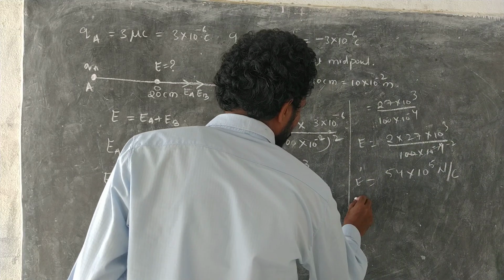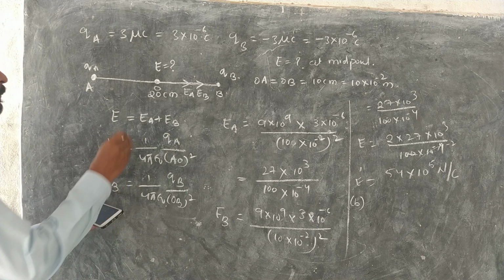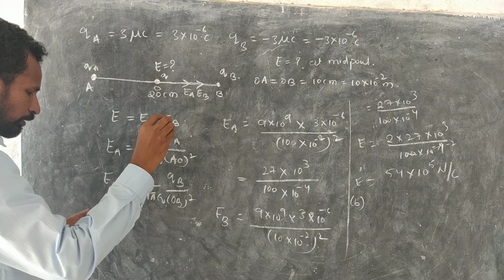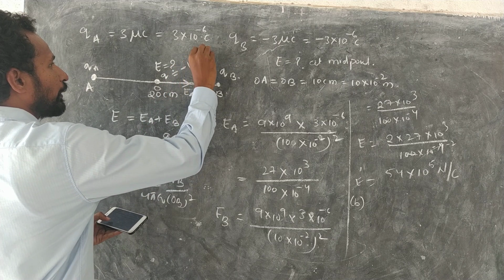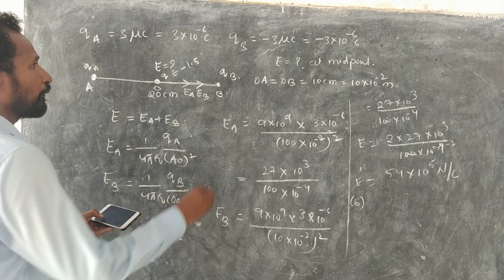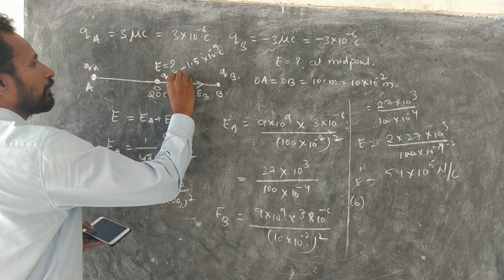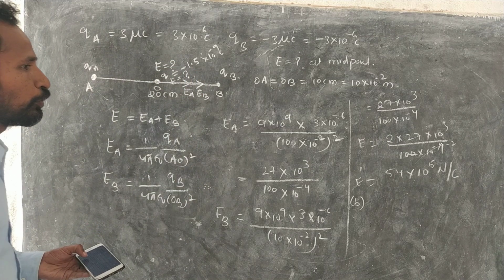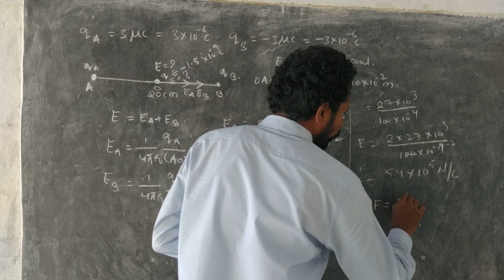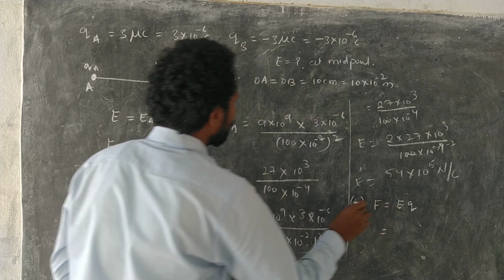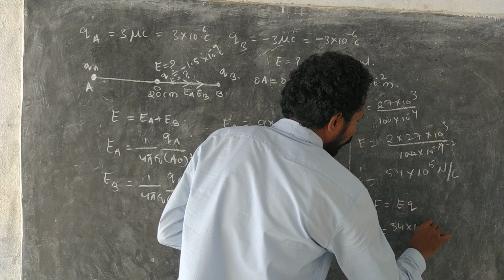Next, question B. According to the question, they placed a negative charge here, minus 1.5 into 10 power minus 9 Coulomb. Then what is the force acting here? We have the electric field and charge, so force F is equal to EQ. E is the field due to these two charges, 54 into 10 power 5.